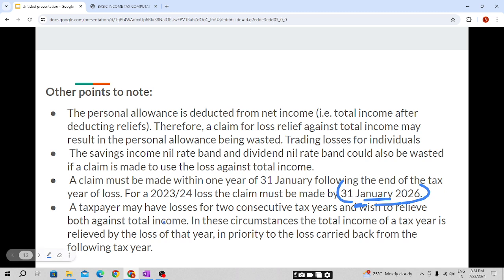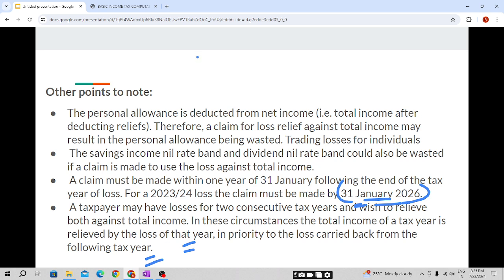A taxpayer may have losses for 2 consecutive tax years and wish to relieve both against total income. In these circumstances, the total income of a tax year is relieved by the loss of that year. That is, a loss in the current year is relieved against its current period total income in priority to the loss carried back from the following tax year.